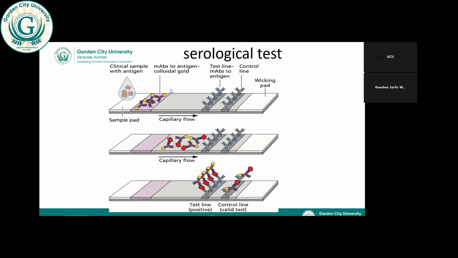So these are pre-coated on the cassette with gold nanoparticles, and they are mobile.